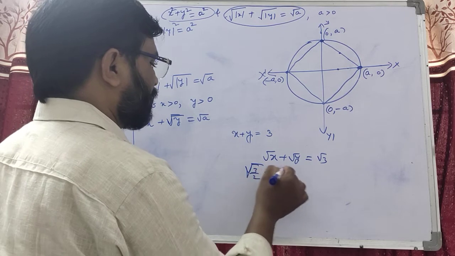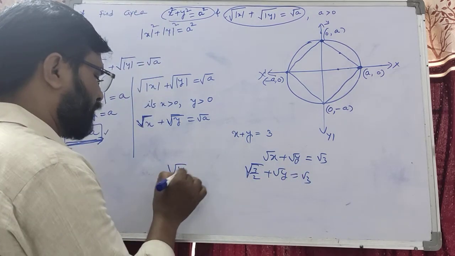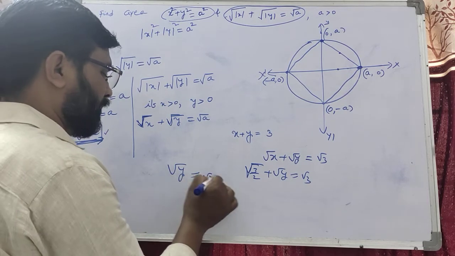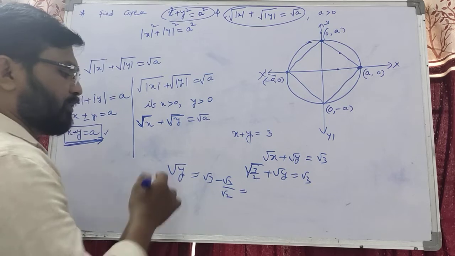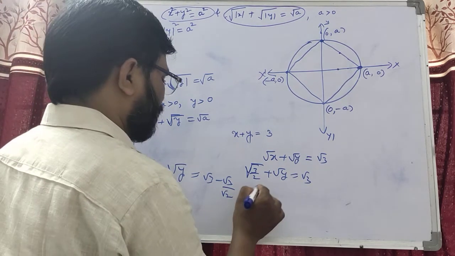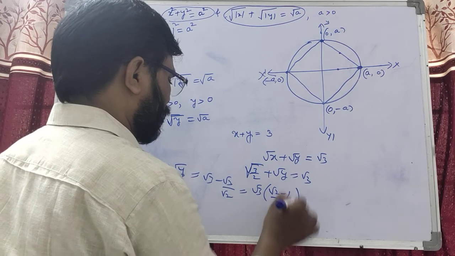Dear students, root y equals root 3 minus root 3 by root 2. Now root 3 is common, so this is root 3, then you can write root 2 minus 1 by root 2.